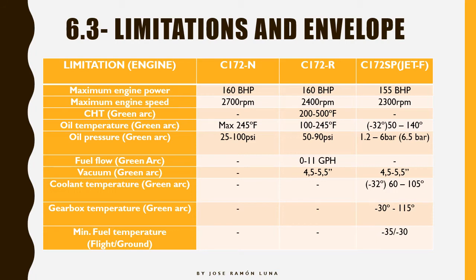The minimum flight temperature is going to be minus 35 and minus 30, depending if you're in flight or on the ground. As I said before, all these limitations are because of the fuel. Jet fuel is really susceptible to temperature, so we want to keep that jet fuel at the correct temperature range. So these are the limitations for the engine.